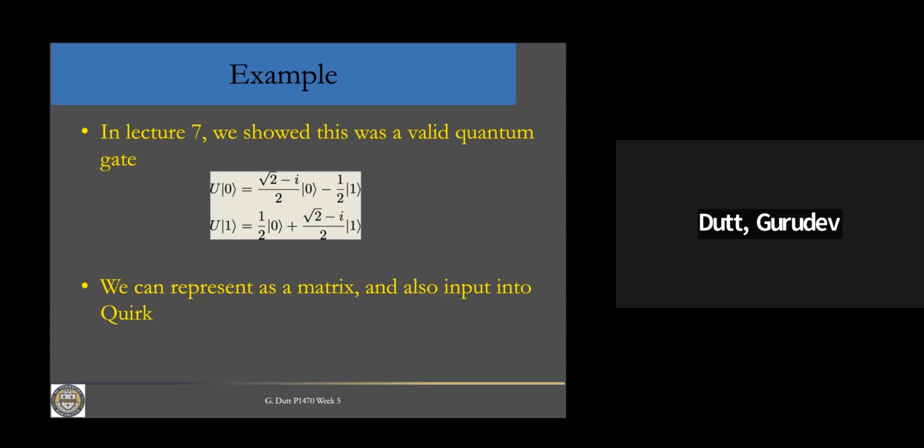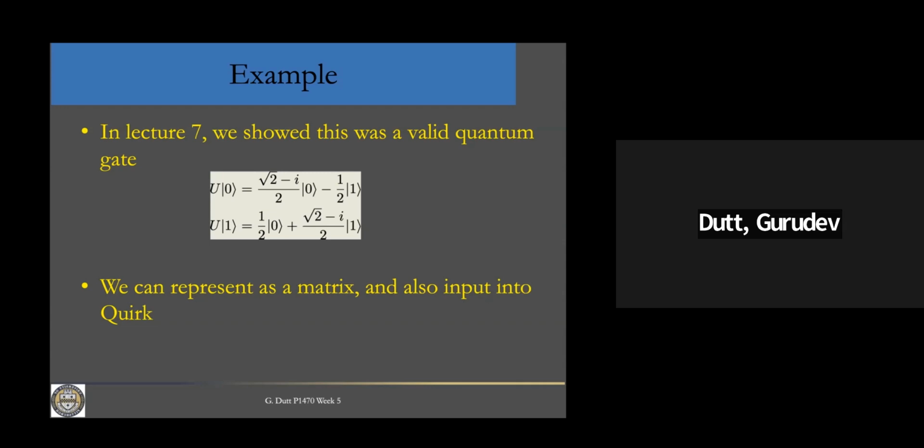Oh, sorry, root 2 minus. That makes sense, I don't have to conjugate the diagonal. So that was our valid quantum gate.